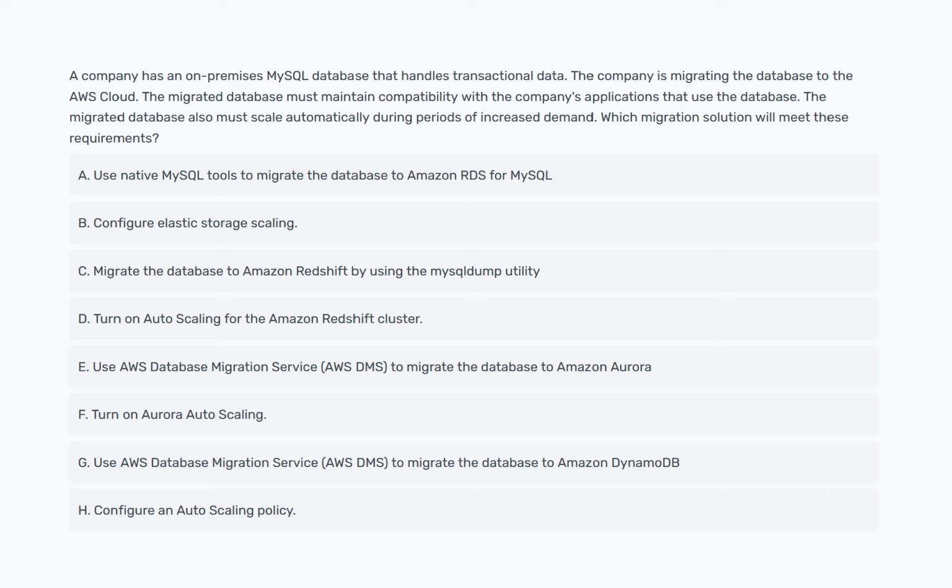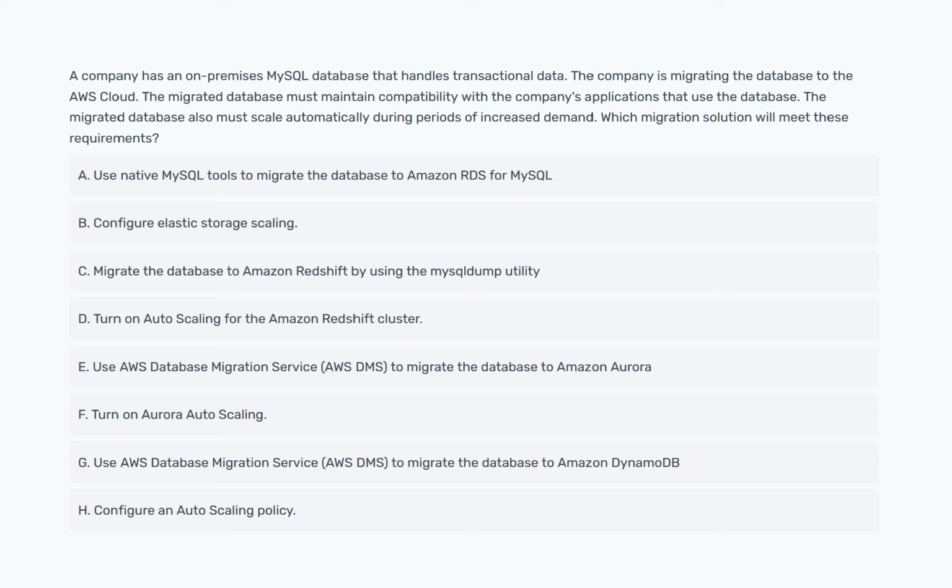So that's one of the points, we need automatic scaling. So what are you thinking about MySQL, PostgreSQL compatibility, automatic scaling? AWS Aurora should come into your mind, right? Which migration solution will meet these requirements?